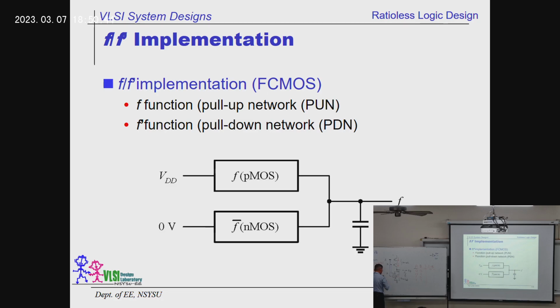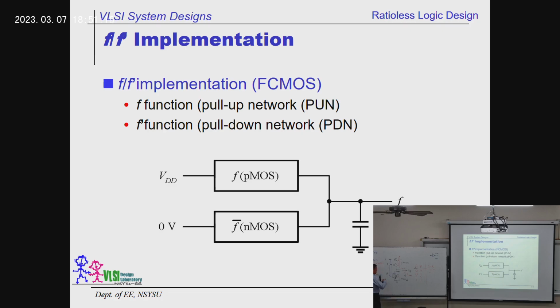The only thing we can see from this diagram is that we are going to have a current flowing from the power supply to the load. So sooner or later the voltage here will be charged as high as the power supply. So that is equal to 1. 0, 0, we are going to get 1.